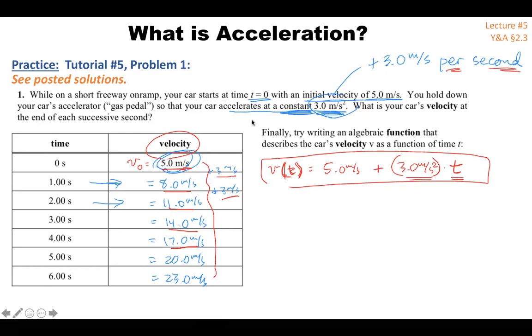Okay, so this could be written a little more formally if we were to say, okay, our 3 meters per second here, let's call that acceleration. We'll call this value a. And let's call our velocity at the start of our scenario, at time t equals 0, v0.